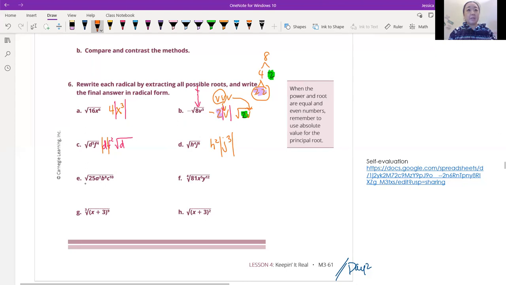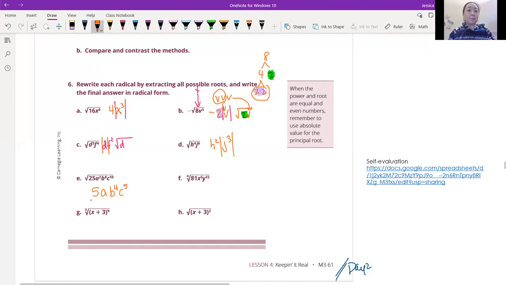And then right here, these are all square roots from A through E, so for all of them we need to think about those restrictions. When we get to G, we don't have to worry about it, but F and H both need it as well. So the square root of 25 is 5. Square root of A squared is A, and then B to the 4th, and then C to the 5th.